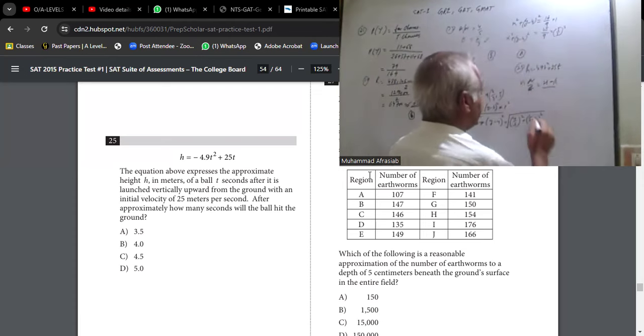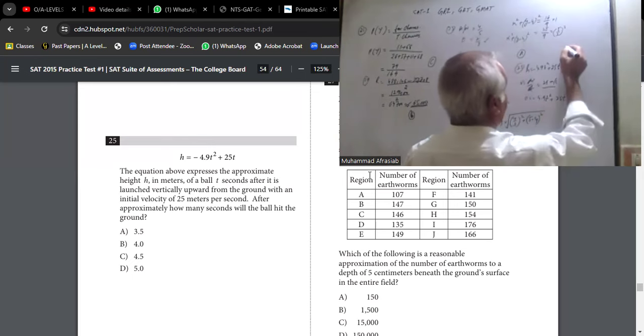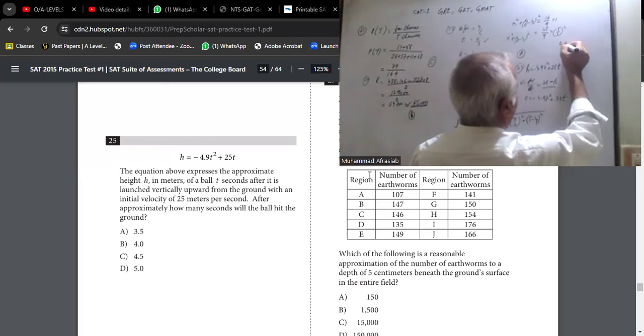So if height is equal to 0 there, that is minus 4.9 t square plus 25t. So it should be written in the form of 4.9 t square is equal to 25t.